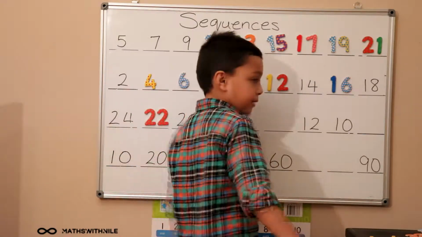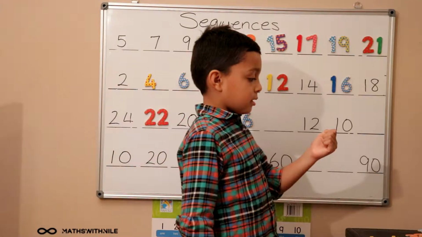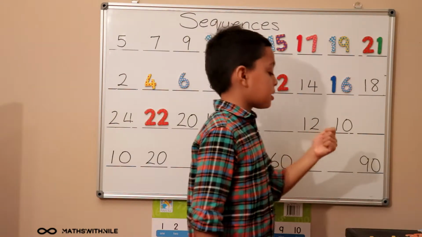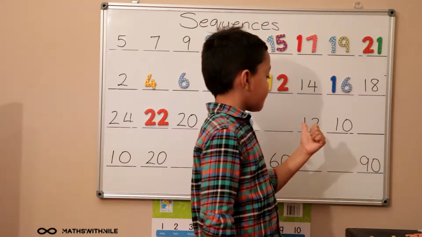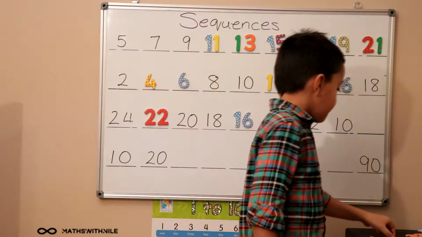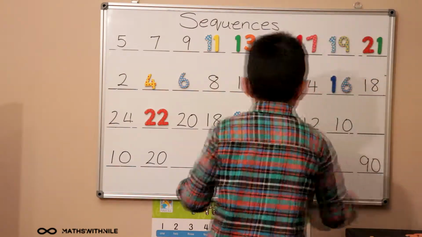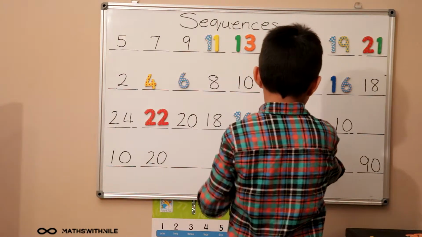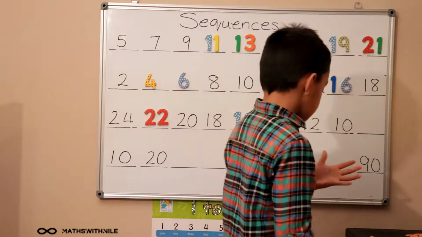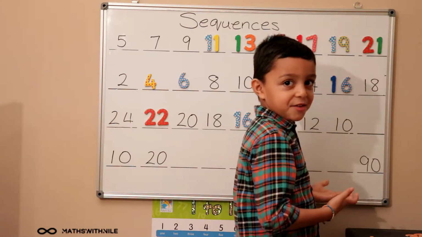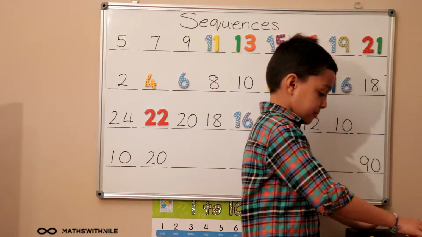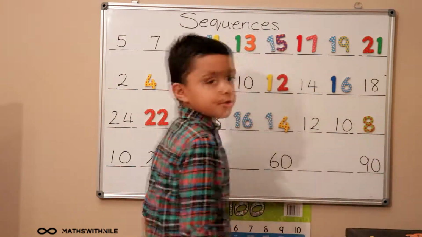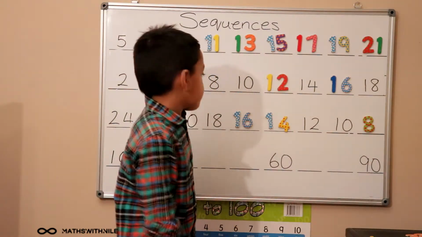And 16 take away 2, so 16, 15, 14, 12, 10, 8. 8. Very good. So in that sequence, we were taking away 2.